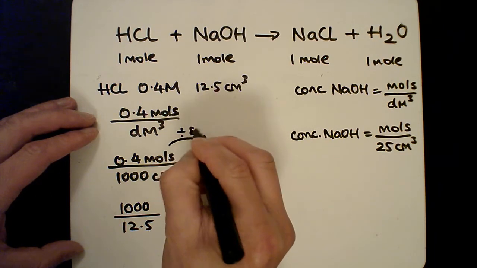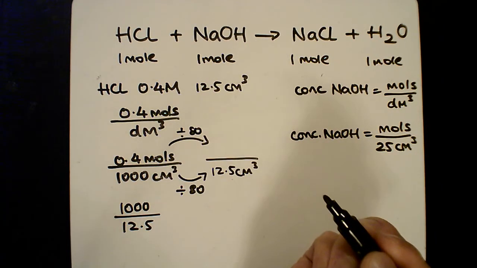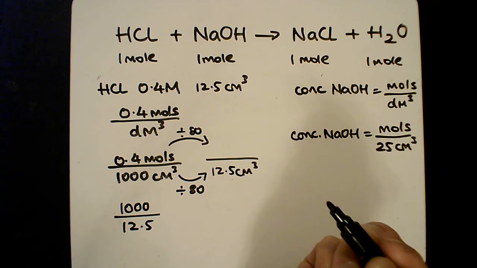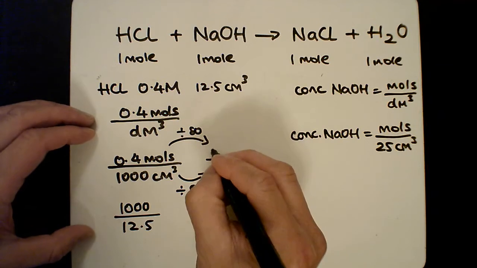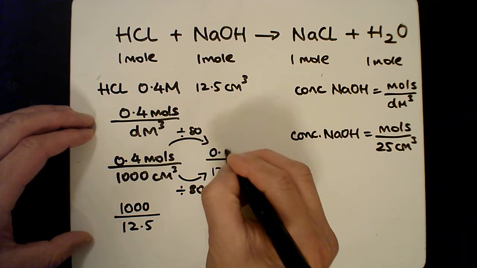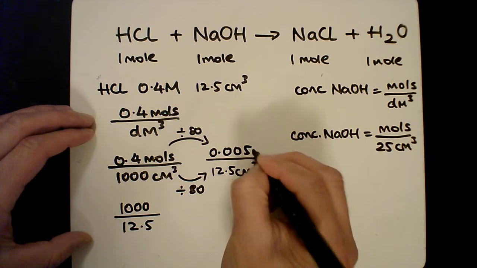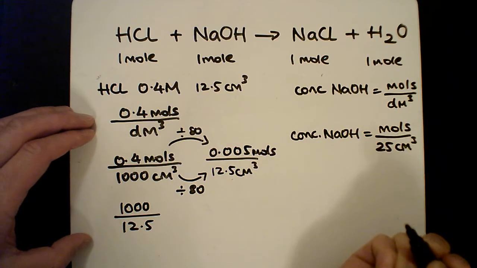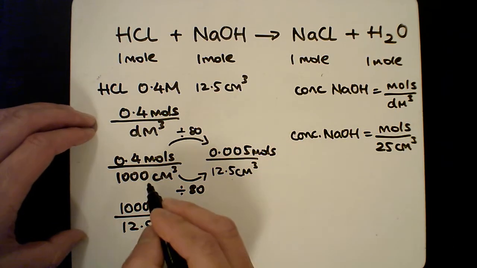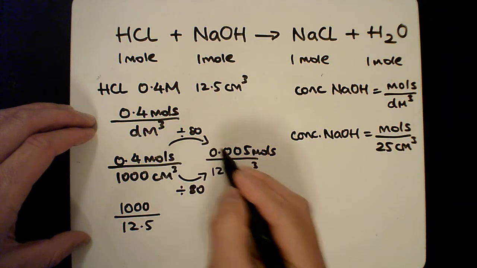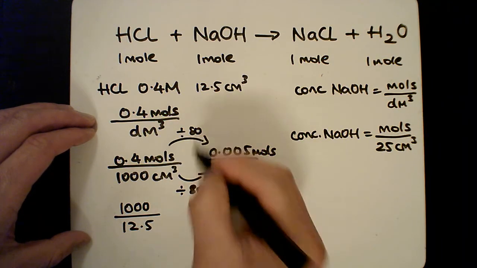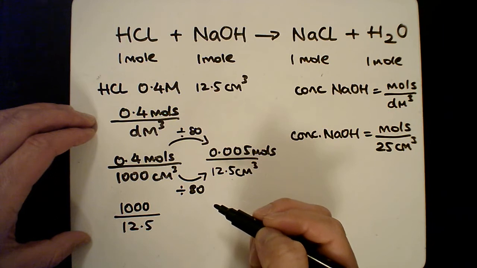So if we divide by 80, that gives us 0.005 moles, which makes sense. If we have a lesser volume, we have a lesser number of moles, and it has to be by the same factor.